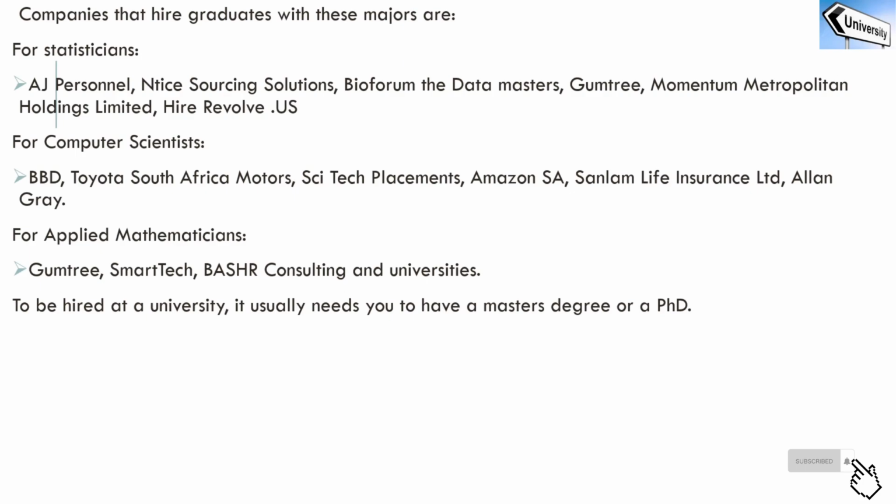If you don't have a flexible major, you might just graduate with your BSc in physics or whatever and still be unemployed, because you can work as a lecturer if you have your master's or doctorate.